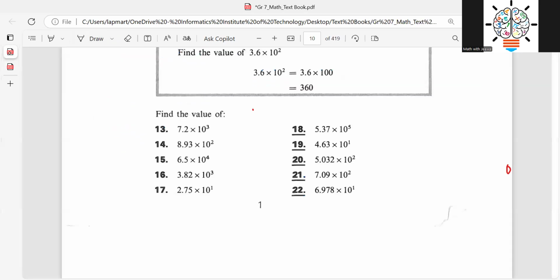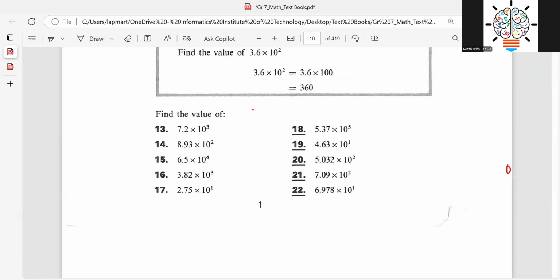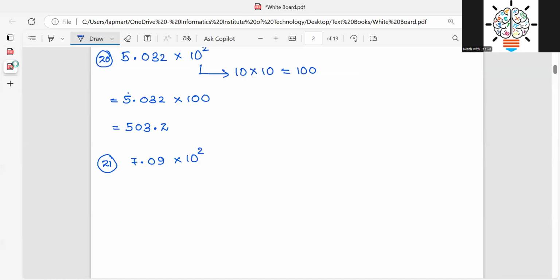So then the next one, question number 21. Question number 21, you have 7.09 multiplied by 10 to the power of 2, right? So I double check the question. Yes, 10 to the power of 2. So then 10 to the power of 2 means 10 times 10, that is 100.